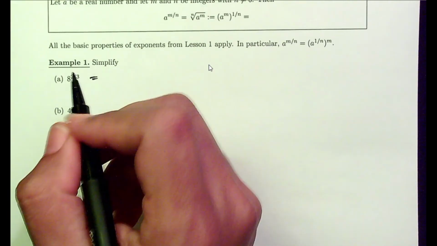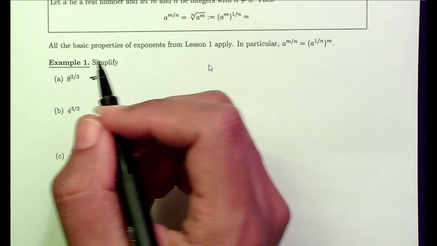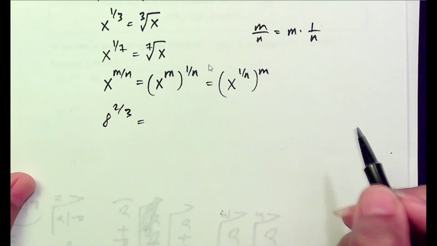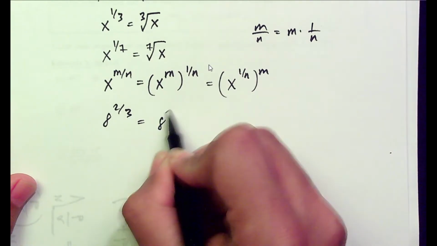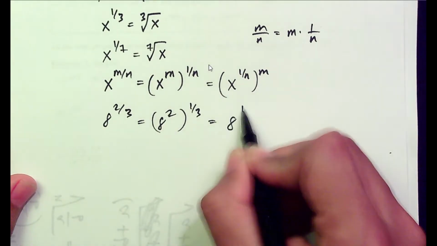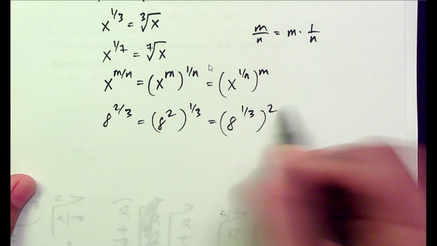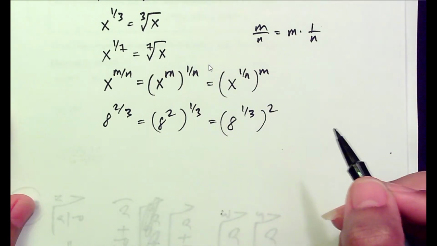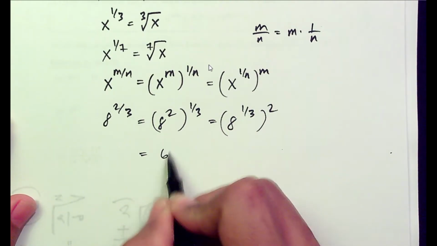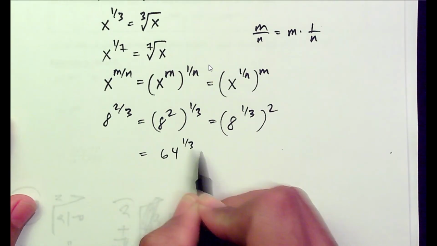So what does that mean? Well, 8 to the 2/3, according to this, means either 8 squared to the 1/3 or 8 to the 1/3 squared. And you can do either one. If you do the first, 8 squared is 64, so it would be 64 to the 1/3.